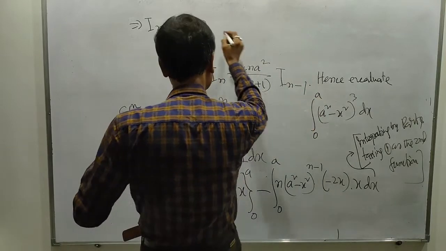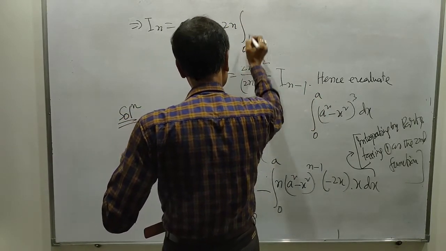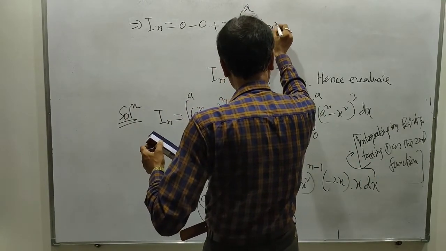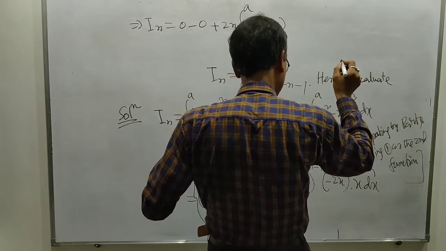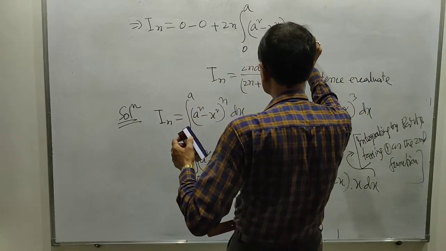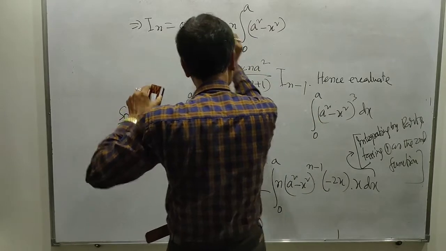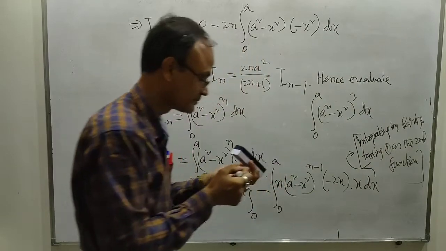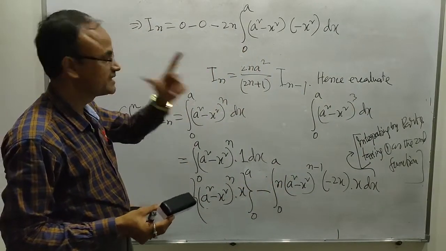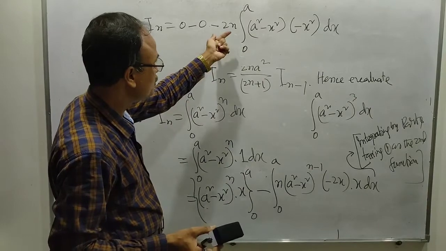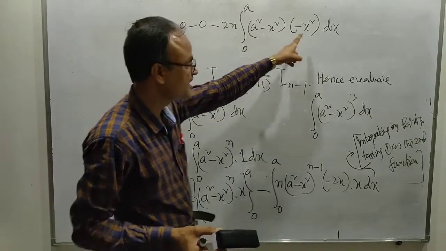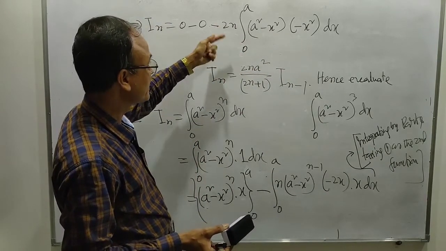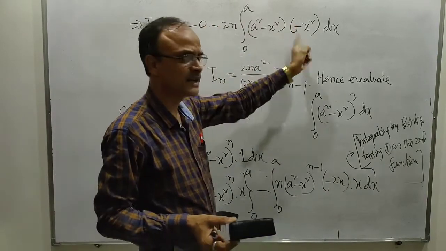Plus twice n, integration from 0 to a of (a square minus x square) into x square. For our convenience I am writing like this. Instead of writing minus and this is plus, we have written minus twice n and this is minus x square.